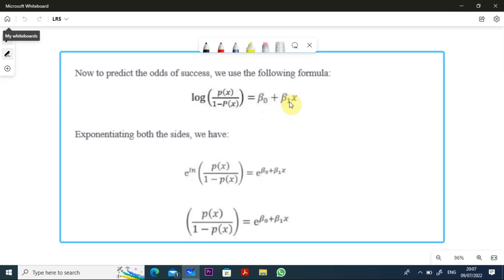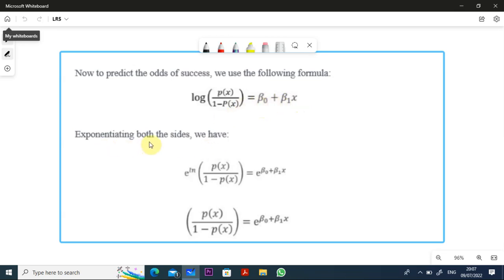Are you getting me? So now if I take the logarithm, then the logarithm of px divided by 1 minus px becomes beta 0 plus beta 1 x.